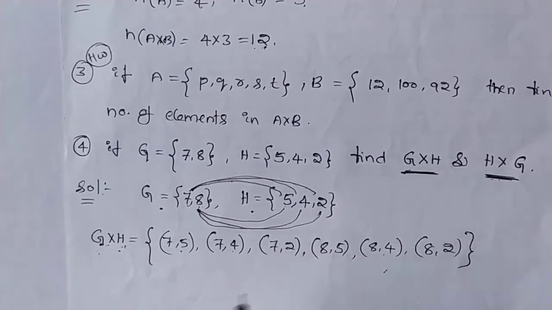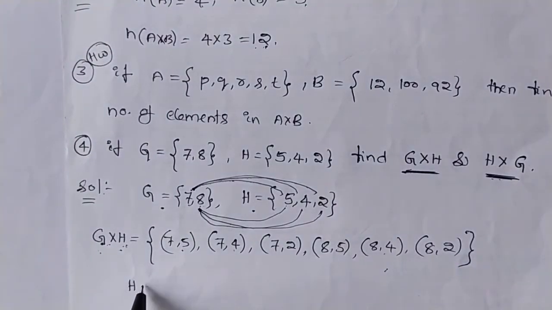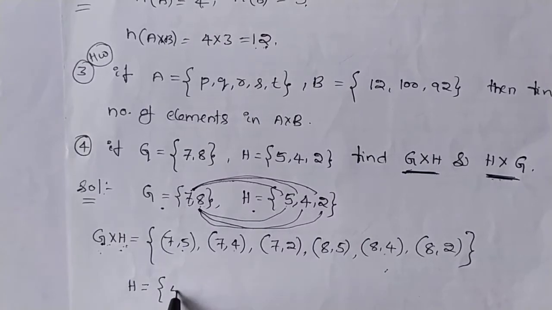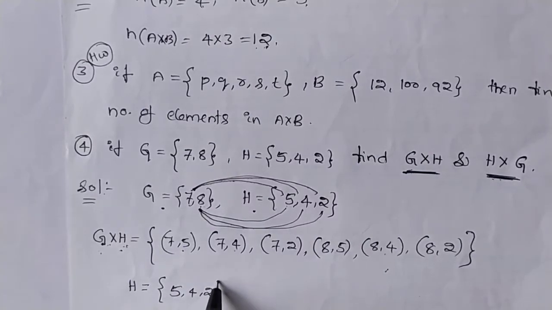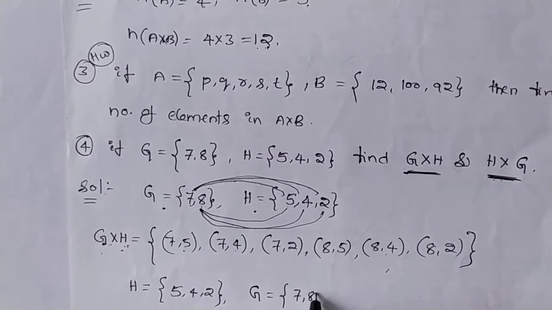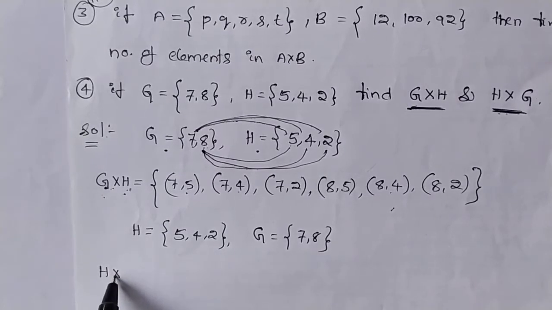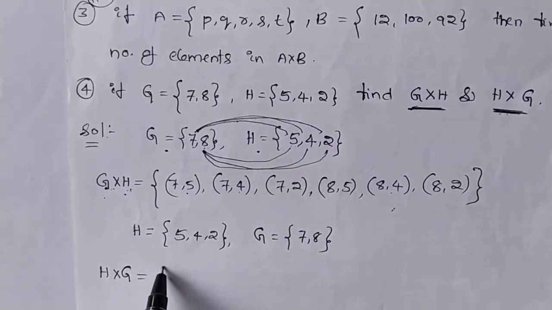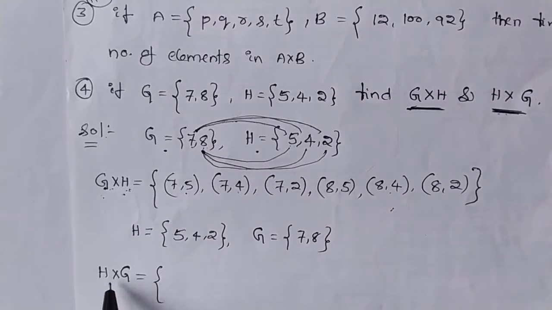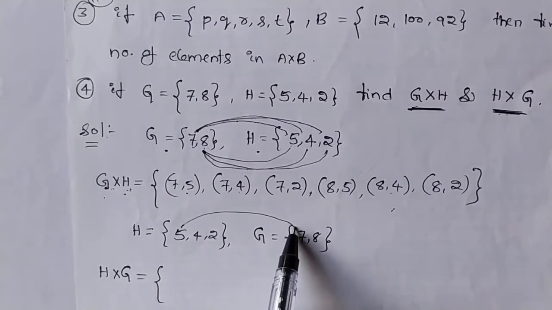Write down the given sets. H equals 5, 4, 2. Next G equals 7, 8. Next we have to find H cross G. Let's find out H cross G. 5, 7.